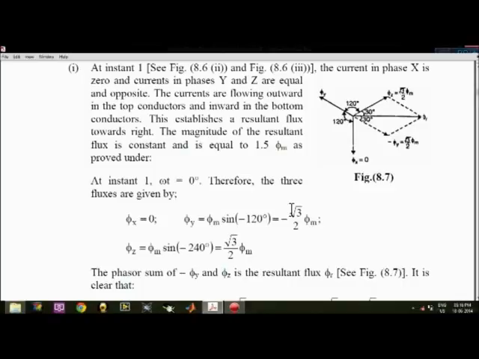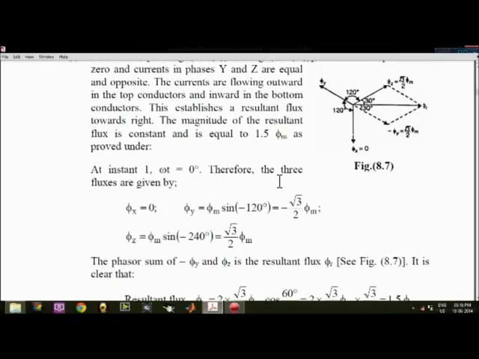So there is a numerical mathematical proof regarding this. At any instant 1, say omega t equal to 0, the three fluxes are given as follows: phi x is 0, phi y equals phi m sin minus 120 degree, which equals root 3 by 2 phi m, and similarly phi z equals root 3 by 2 phi m.